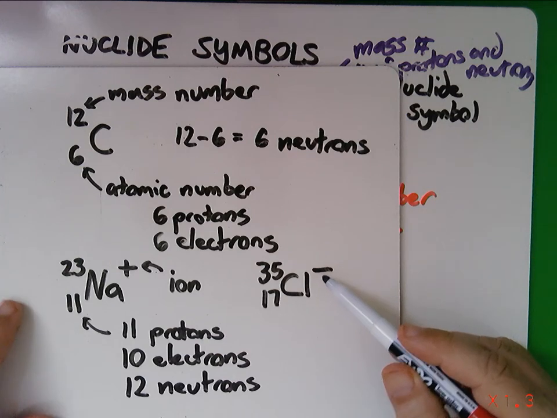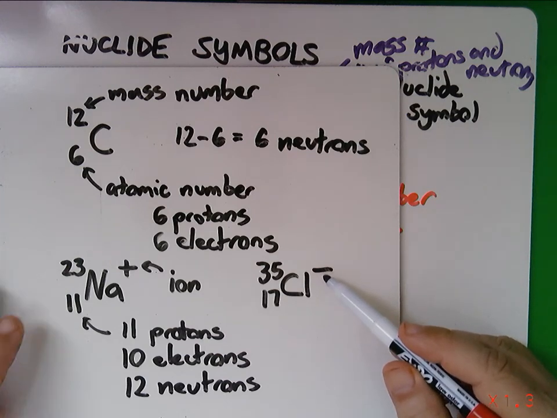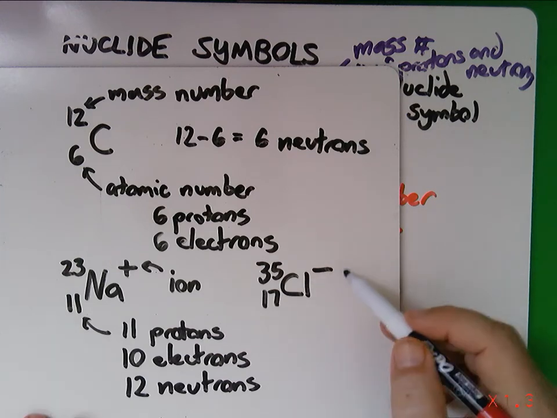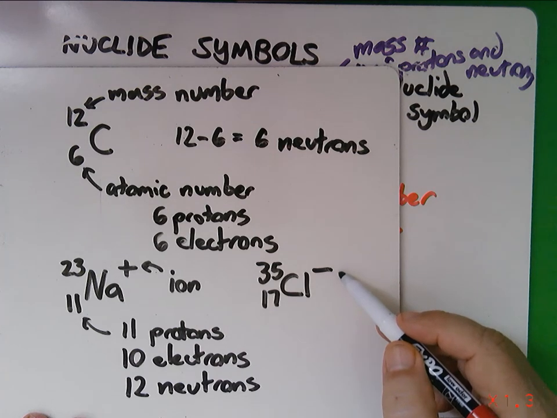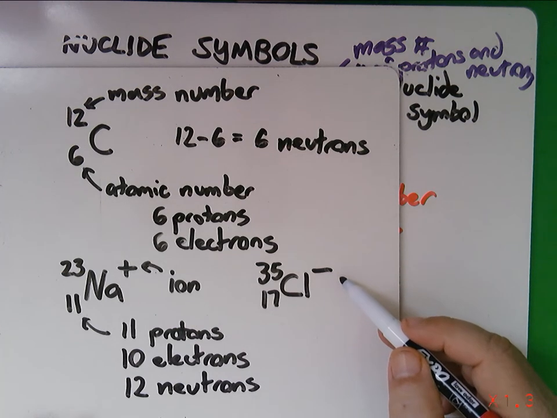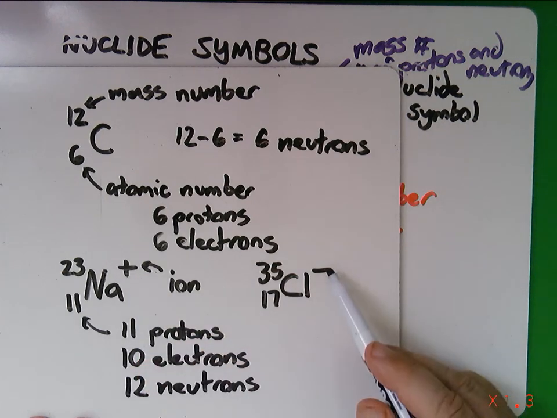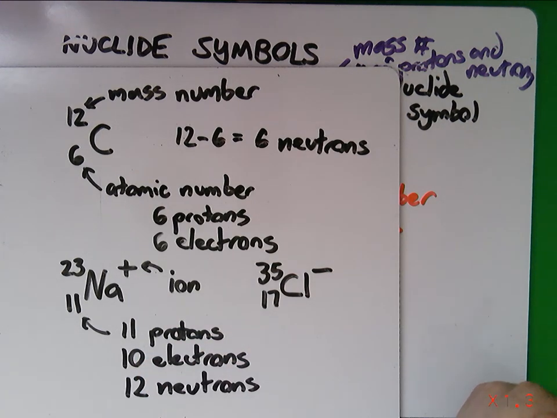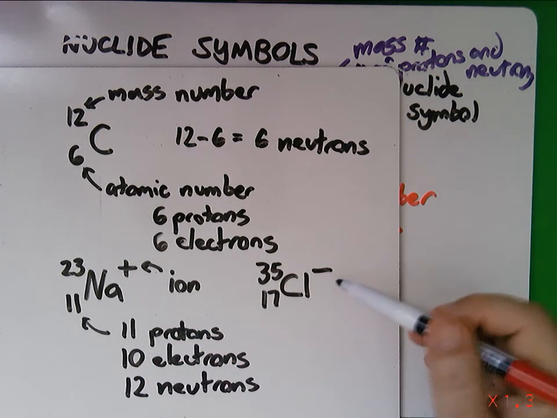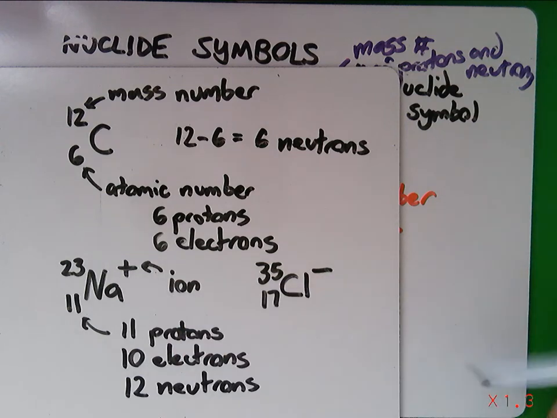So that means that there's an extra electron in there. If there was a minus 2 there, it would mean that there were 2 extra electrons. So when you have a positive charge, it's missing electrons. When you have a negative charge, it's extra electrons. And we don't usually write minus 1 or plus 1 here, they leave the 1 off. So if you just see a plus sign, that really means plus 1, and this really means minus 1.